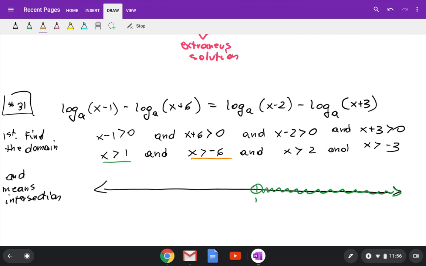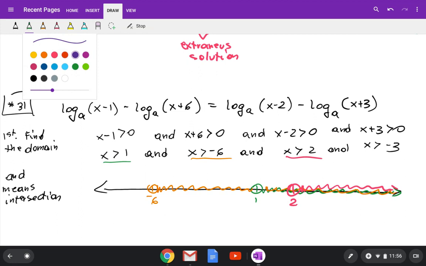In orange will be x greater than negative 6. In red will be x greater than 2. Let's just pick purple. In purple will be x greater than negative 3.